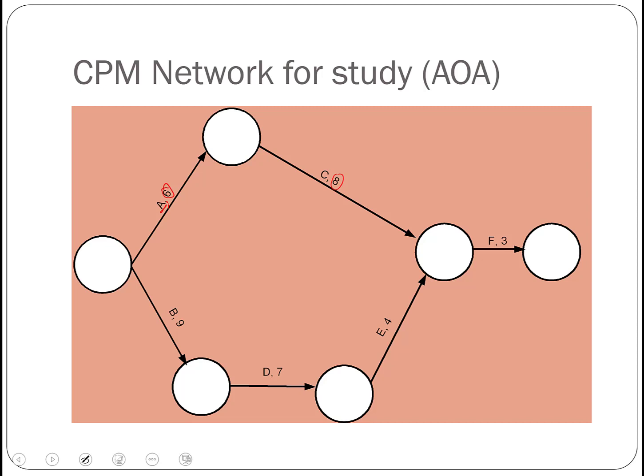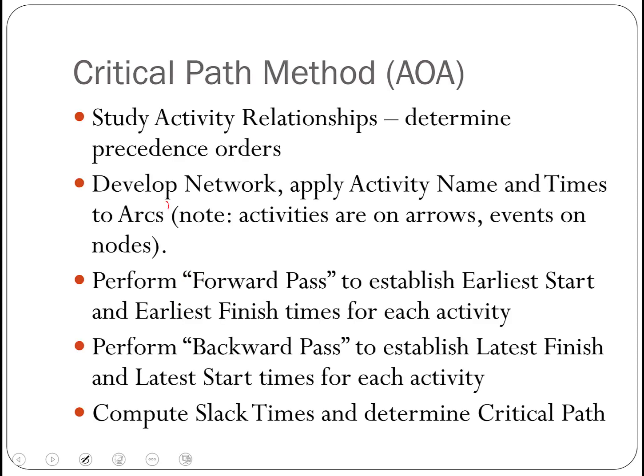Now we can work to find out the critical path of this network. So we studied the activity relationships to determine the precedence orders, and then we develop this network, applying the activity name and the times to the arc.